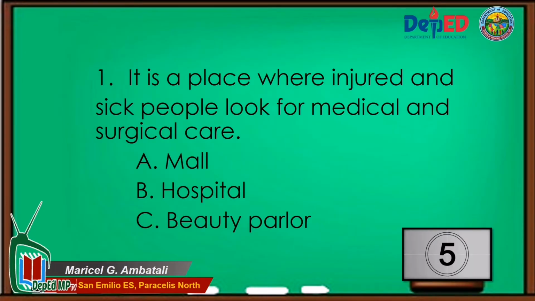Number 1. It is a place where injured and sick people look for medical and surgical care. Letter A, mall. Letter B, hospital. Letter C, beauty parlor. The correct answer is letter B, hospital.